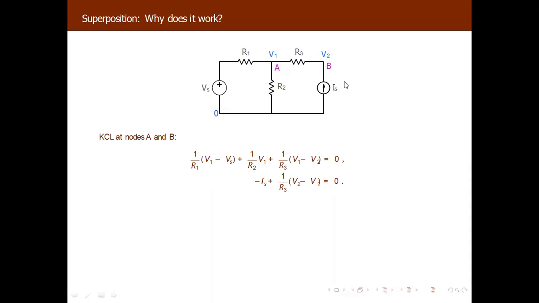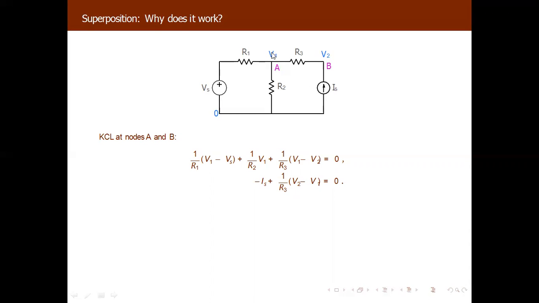For V2, you will get 2 equations, because V2 is connected with V1 and with this current source. So you will get for V1. V1 के लिए कैसे लेंगे? For R1 take firstly, for R2 secondly, and for R3 you will calculate, because V1 is connected to 3 resistors.